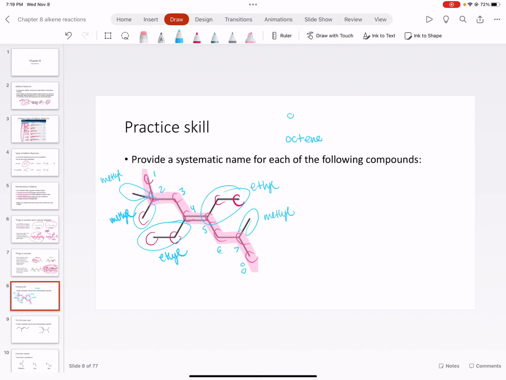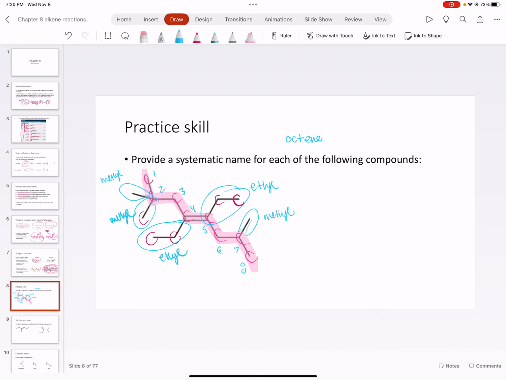You can technically think about it: a carbon chain that is 8 carbons is called octane, but that's when it's an alkane. Since it's double bonded, it's going to be called octene. Okay, so then we have an octene parent chain.